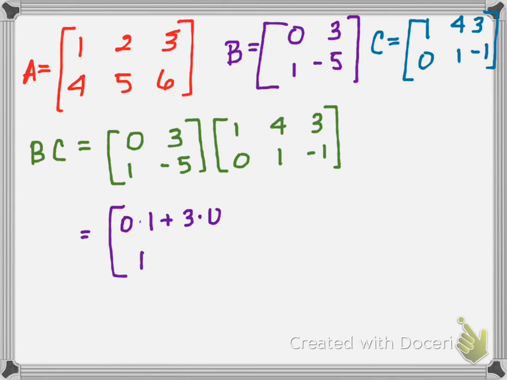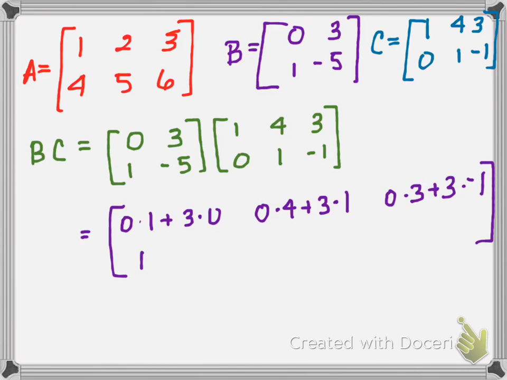If I want the first row, second column, I'm going to take the first row of my first matrix and the second column of my second matrix and multiply them together. So I get 0 times 4 plus 3 times 1. And continuing on, first row, third column, I'm going to take 0 times 3 plus 3 times -1.